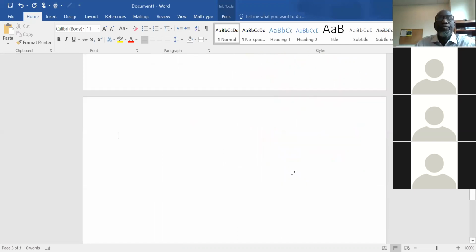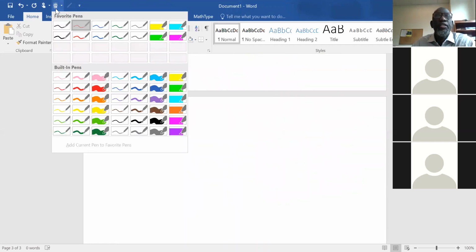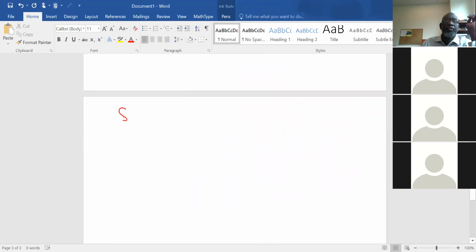So now we can have symmetries. The graph of a function can have a symmetry with respect to the y-axis, okay?